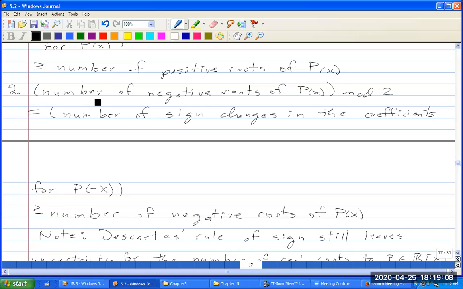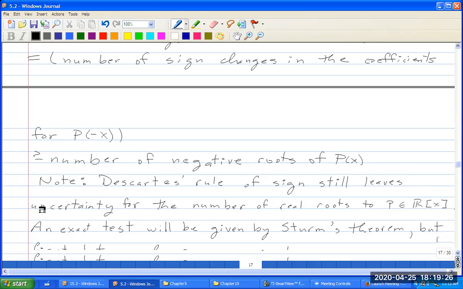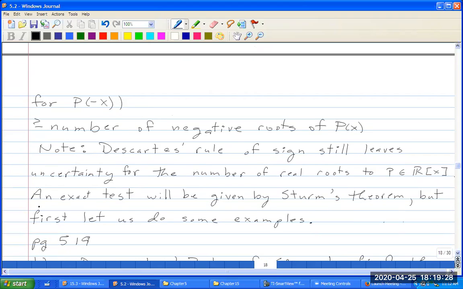The number of sign changes in the coefficients for P of negative x, mod 2, is greater than or equal to the number of negative roots of P of x. Oh, good. I was going to say that, but it's written down here.